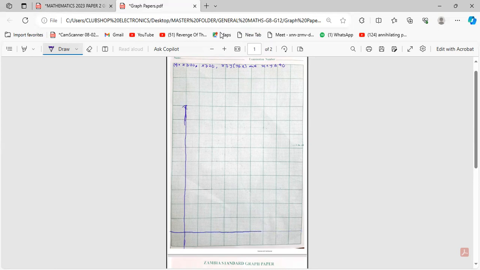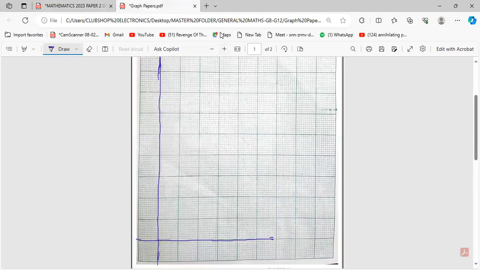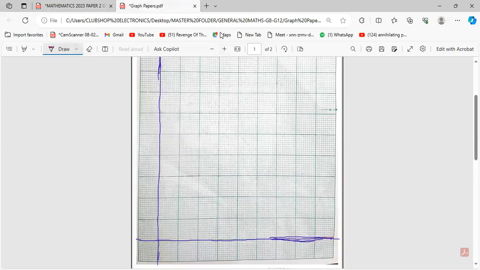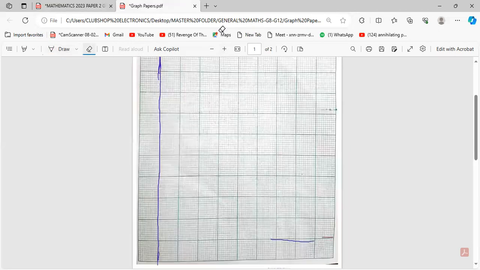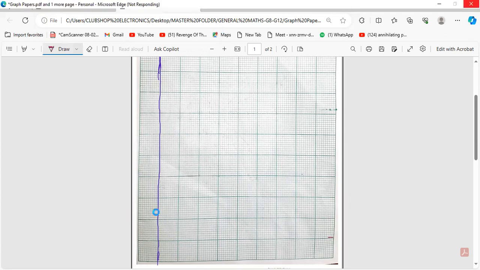So this is Y and X. We need to draw the x-axis.